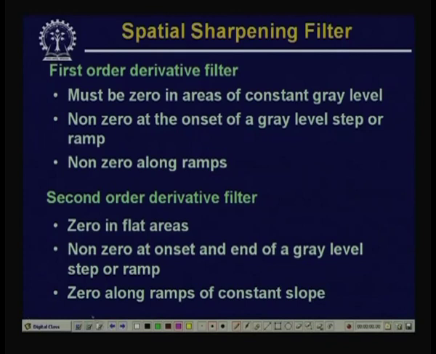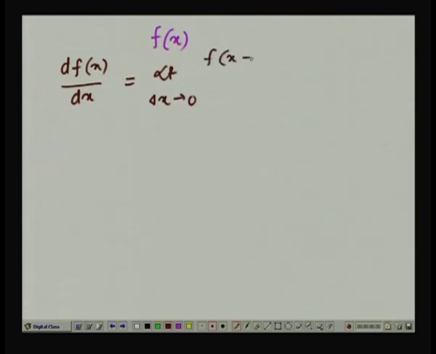We know that in the continuous domain, considering a one dimensional case, if I have a function f(x) of variable x, then the derivative is given by df(x)/dx, which is the limit as delta x tends to 0 of [f(x plus delta x) minus f(x)] upon delta x. So, this is the definition of the derivative in the continuous domain.